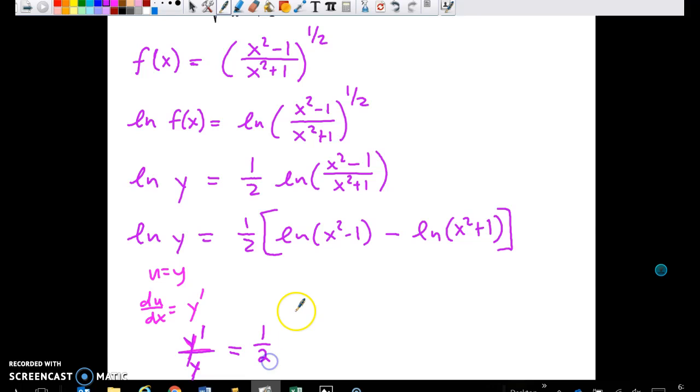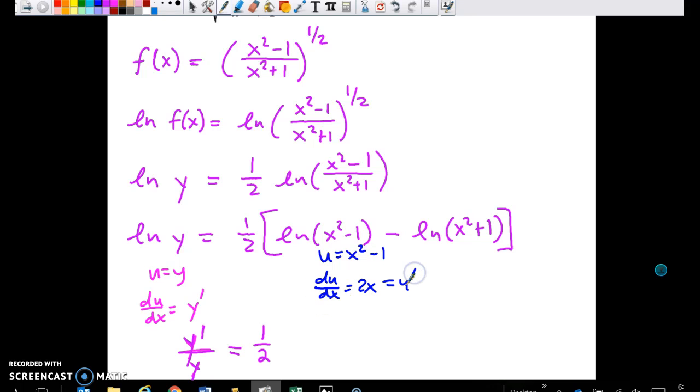So I have 1/2 the derivative of the natural log of this, and then the u substitution for this one is going to be different. In this case, u is x squared minus 1, du dx would be 2x. So this is actually u prime.